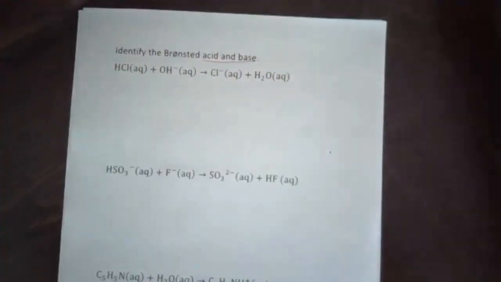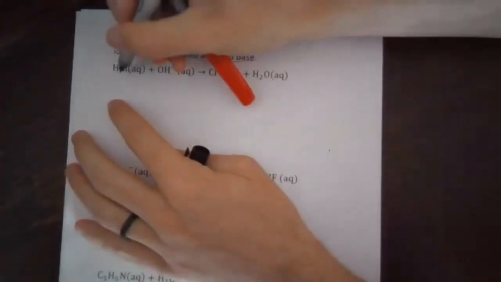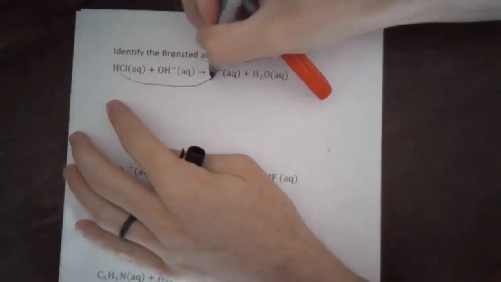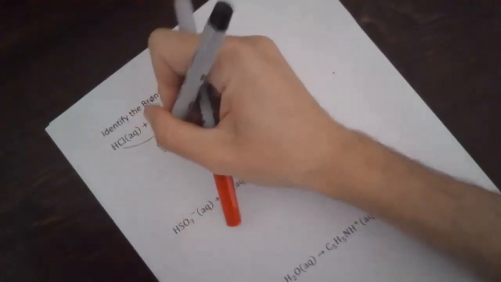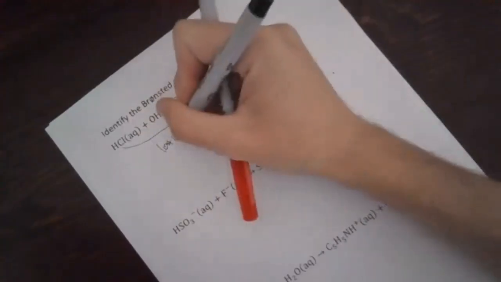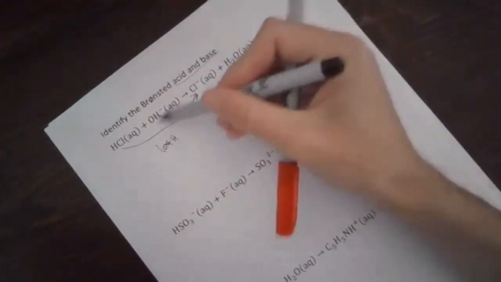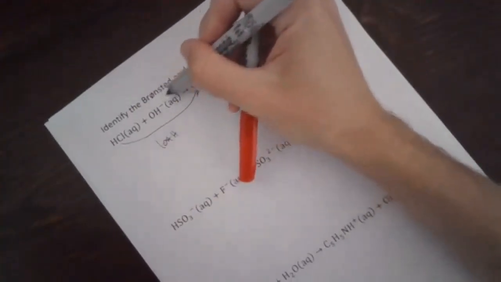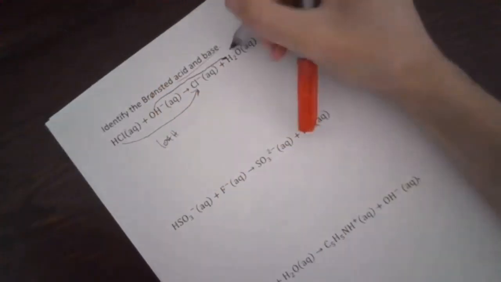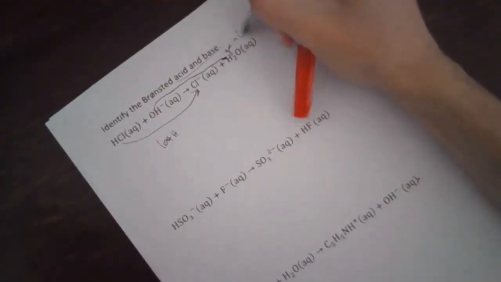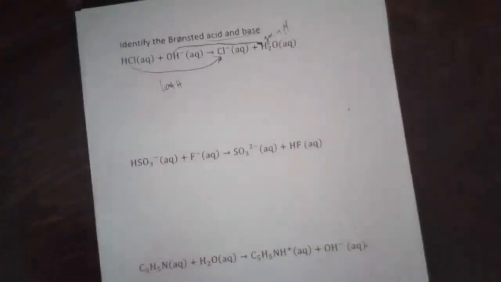So I can see that basically the corresponding product is right here, the Cl minus. And we can see that what happened is it lost H. And we can see that the O in the OH corresponds to the water right here where it gained H.